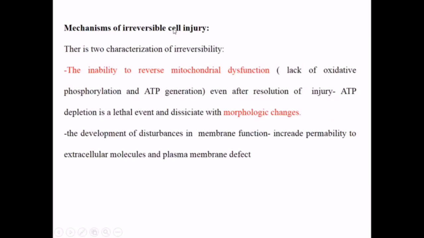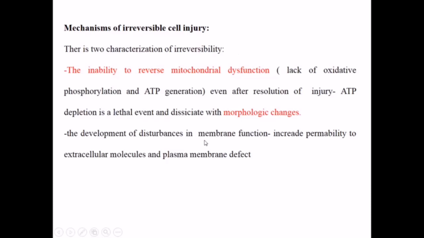The mechanism of irreversible injury, there are two characteristics of irreversibility. First, the inability to reverse mitochondrial dysfunction, and lack of oxidative phosphorylation and ATP generation. The ATP depletion is lethal even before morphological change.